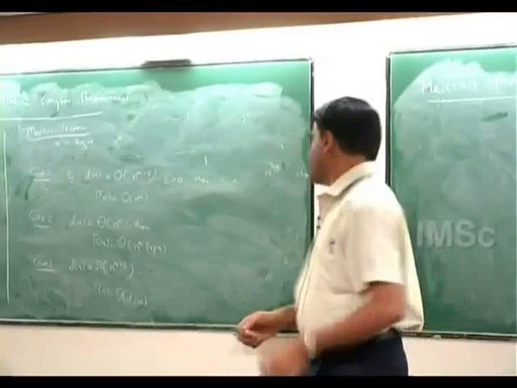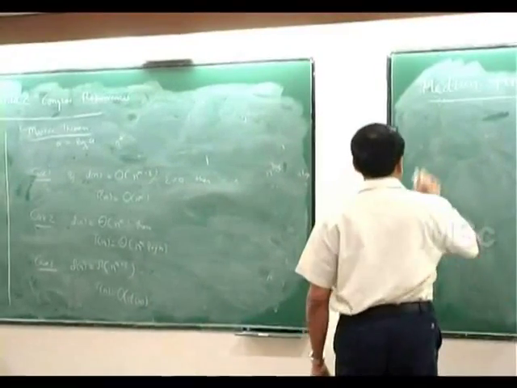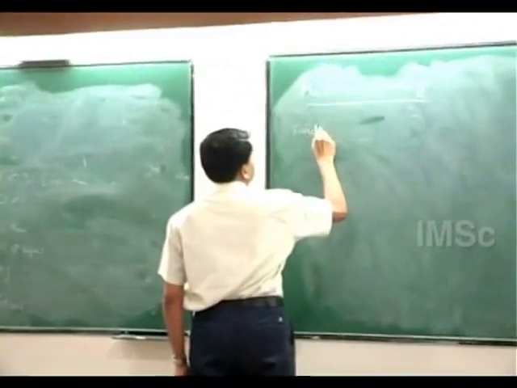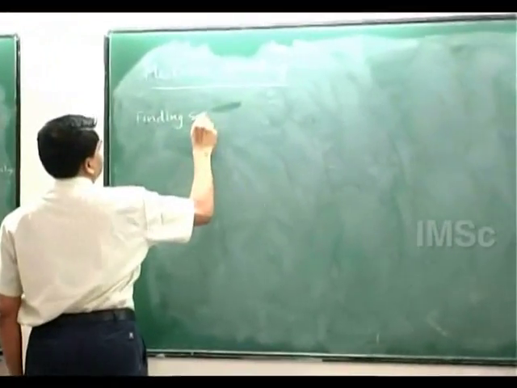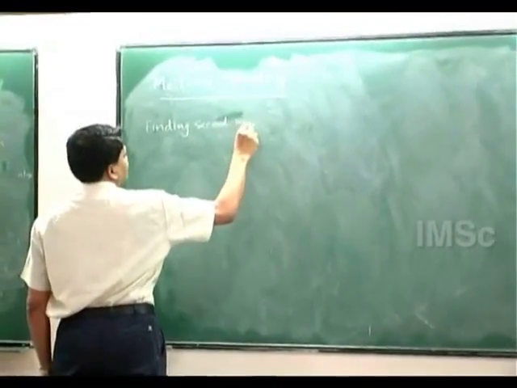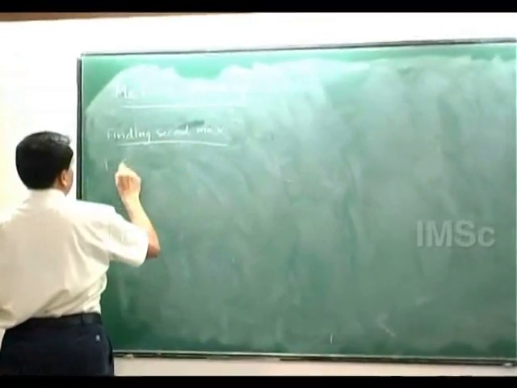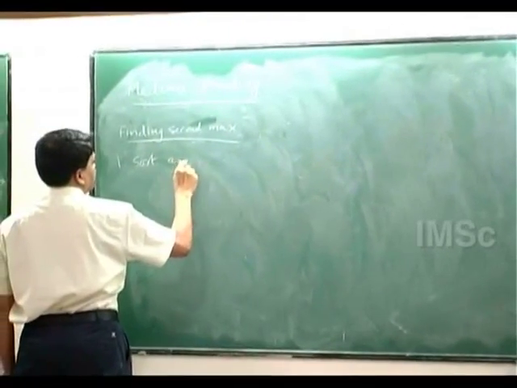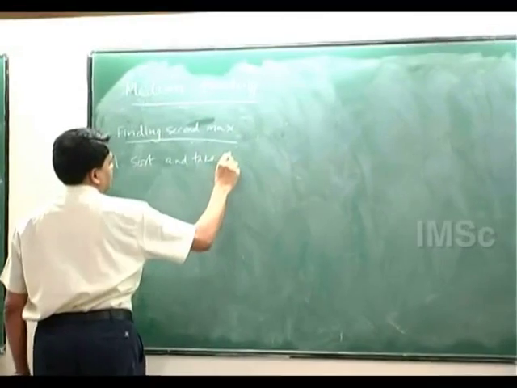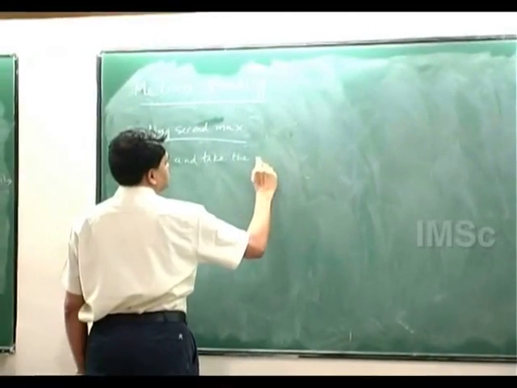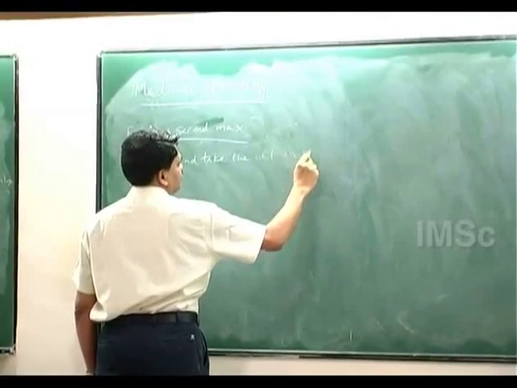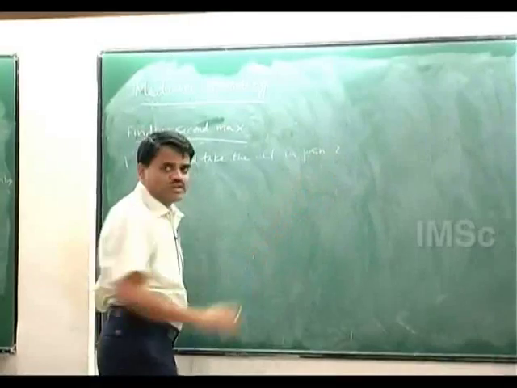Do sorting and take, okay. Finding second max: sort and take the element in position 2, right? In fact, we can do this even for max.